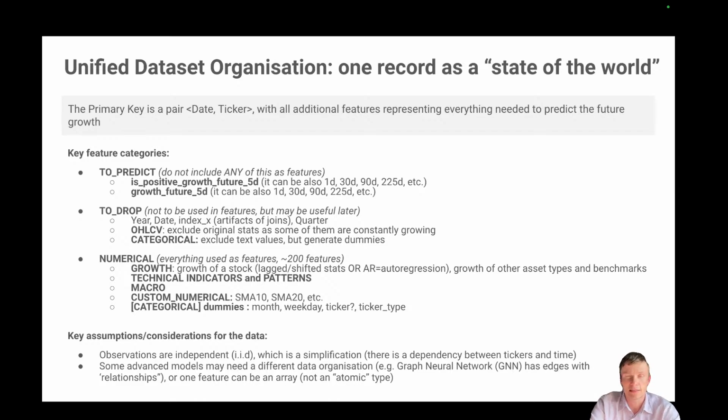And next we have all numerical features, and this is the most important set of features that we have. Currently there are about 200 features in the dataset, or maybe with categorical dummies it is about 240 features in the dataset that are used for prediction.